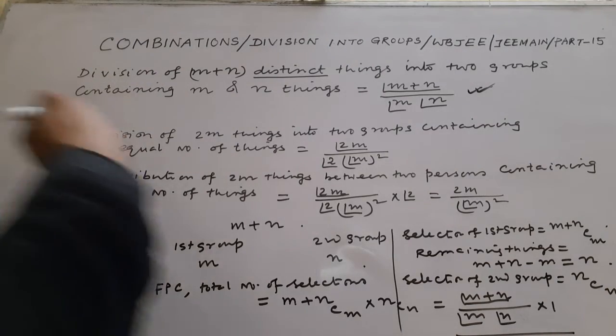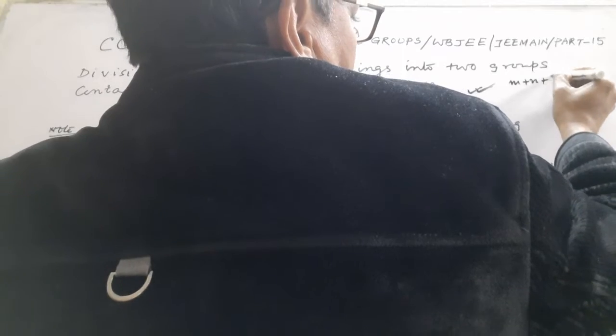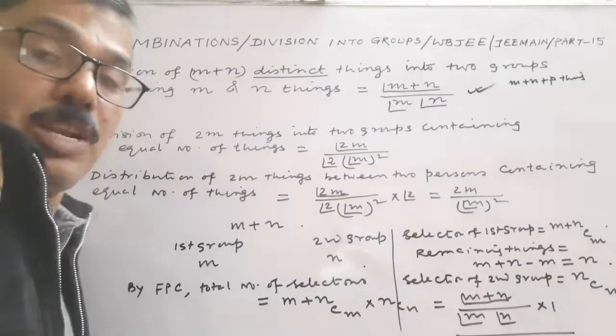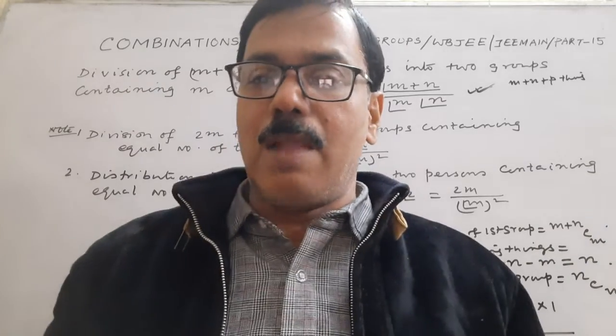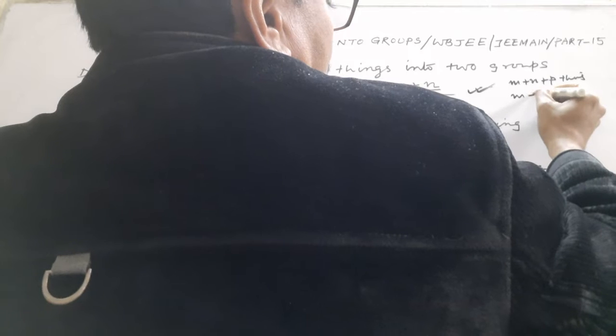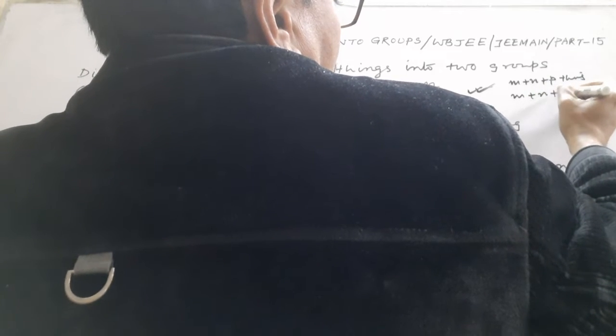Suppose there are m plus n plus p things, and if we divide into three groups containing m, n and p things, then the answer will be factorial of m plus n plus p by the factorials of the number of elements of first group, second group, third group.